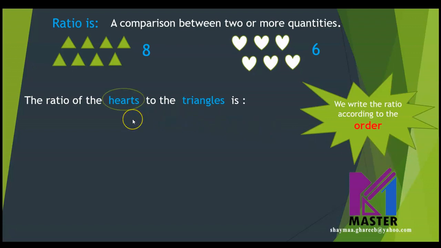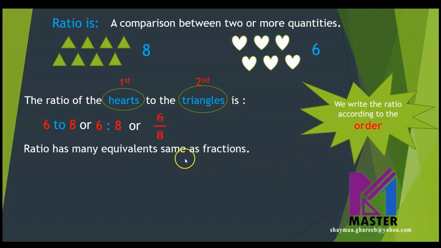What comes first, we write it first. So we are going to write the number of hearts first, then the number of triangles. So it will be 6 to 8. I can also write it 6 colon 8, which is 6 to 8, or 6 over 8.